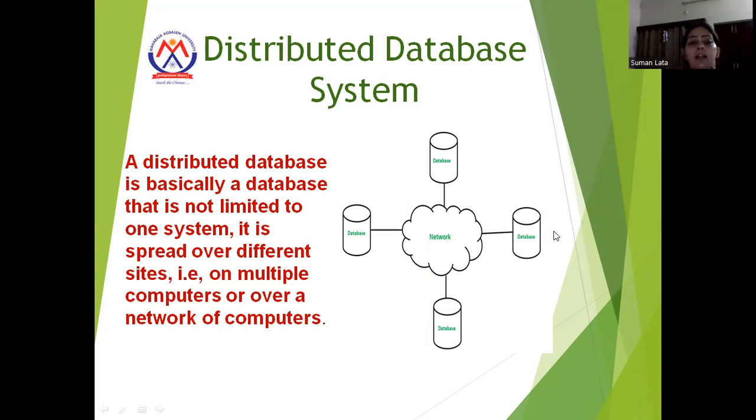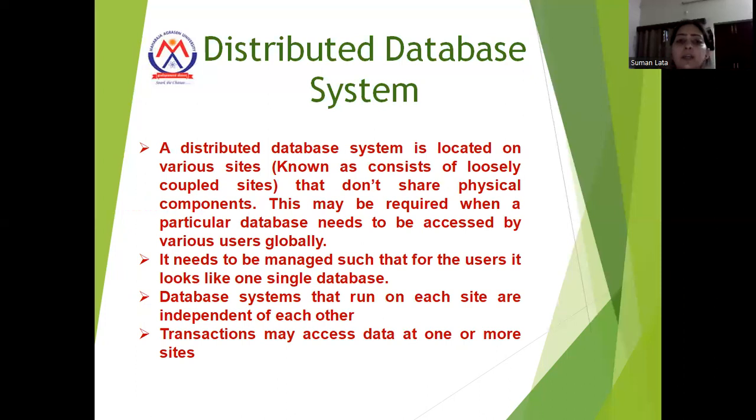It means a distributed database is not limited to one system and it is spread over different sites. A distributed database system is located in various sites, and these sites are loosely coupled sites that don't share physical components. This may be required when a particular database needs to be accessed by various users globally.